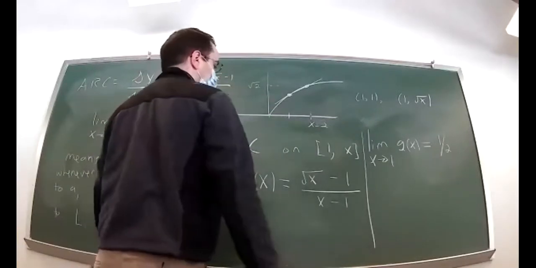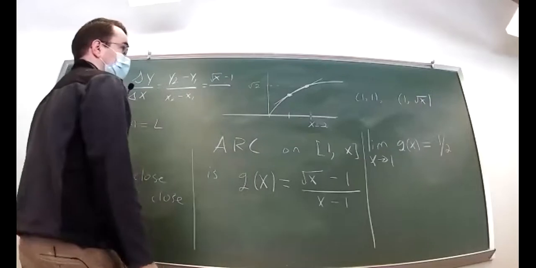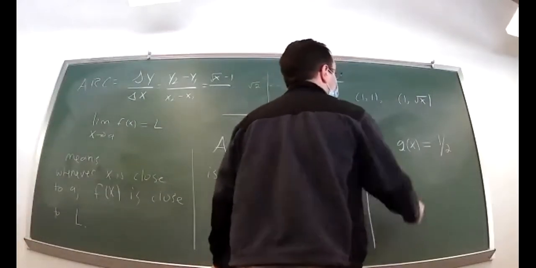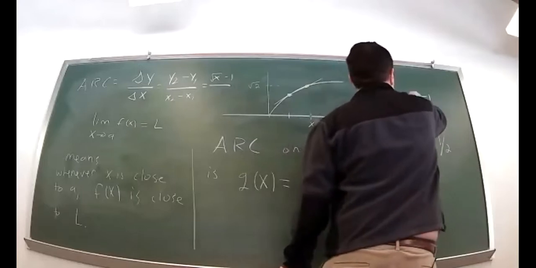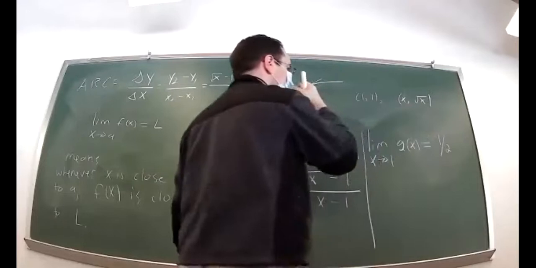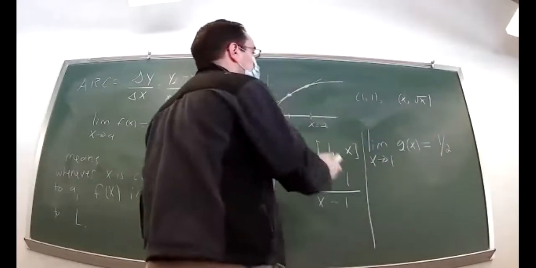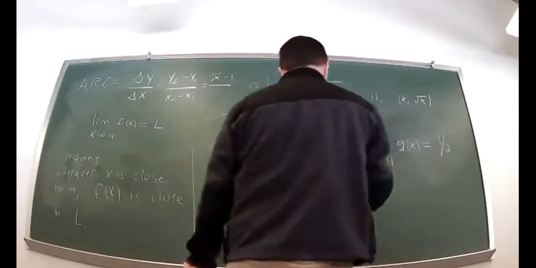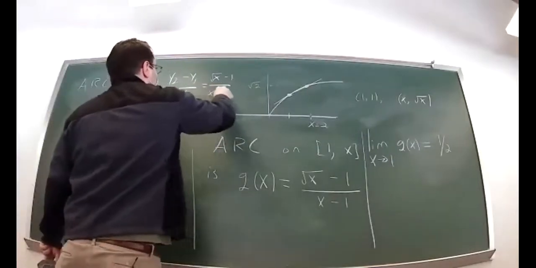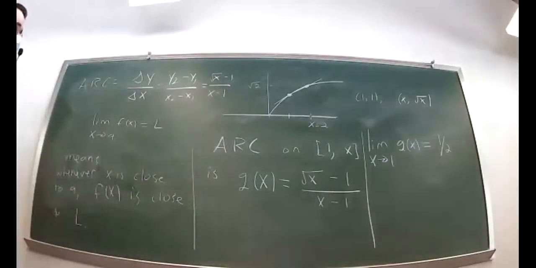You plug in x, and you get square root of x as the answer. So the change in x values, x2 minus x1, is going to be x minus 1. So that's the definition of average rate of change on an interval.